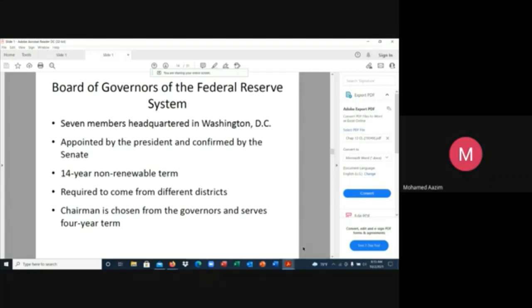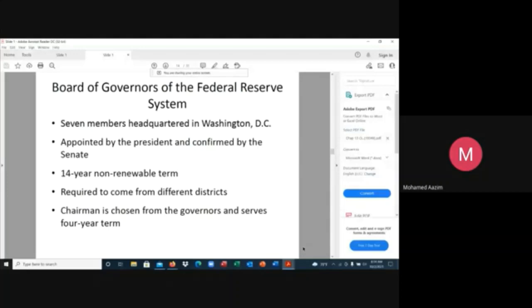So to say that you don't prioritize political priorities, but you prioritize the policy requirements of the US economy and the financial system. So the members of the Board of Governors have much more independence in this sense.